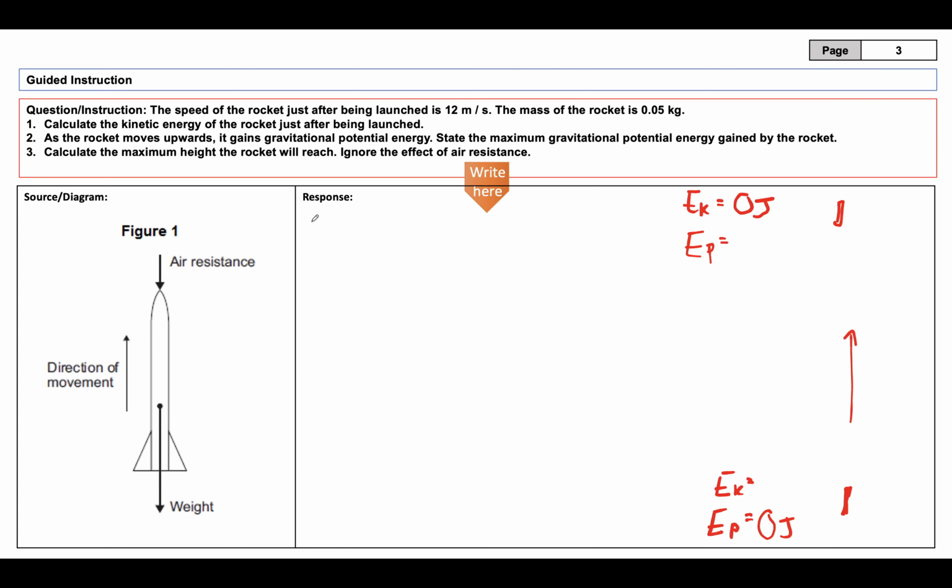Let's work out how much kinetic energy it has just as it's launched. So kinetic energy is a half mv squared.